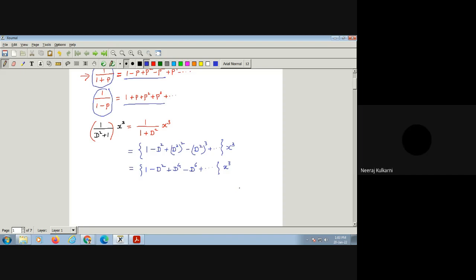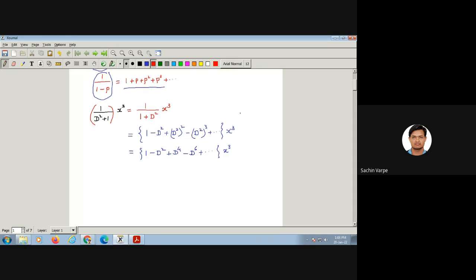Yes, sir. Now the point is how many terms we have to consider from this infinite expansion. For that purpose, we all know that when I operate D onto x cube, it means the derivative of x cube. So what is it? It is 3x square.